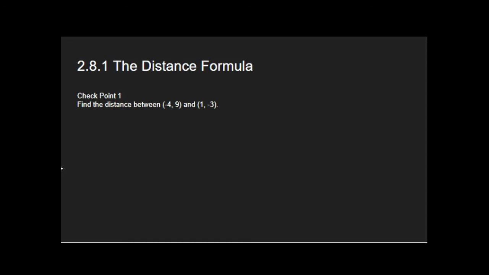So let's go ahead and plug this into our distance formula. D is equal to the square root of -4, and then I'm going to use the 1 plus 1 squared. Sorry, that should be minus.